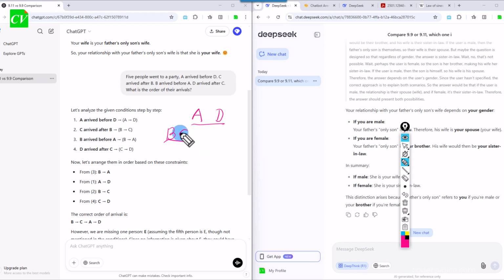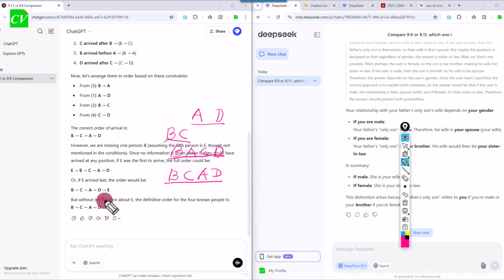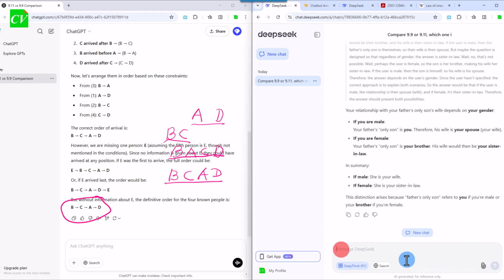However, if C comes after A, then B, A, C, D, this sequence is also correct. So both of these 2 orders are correct. However, ChatGPT only gives this one answer. Now let's take a look at how DeepSeek answers this question.